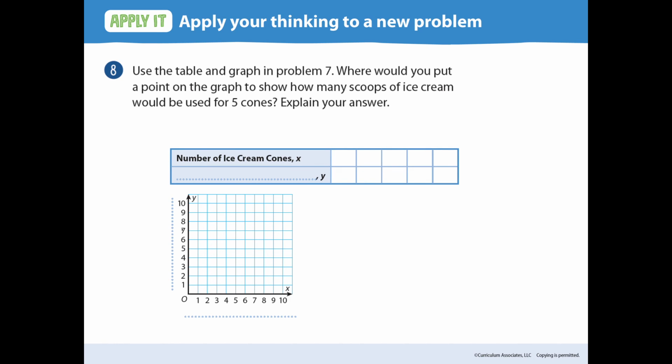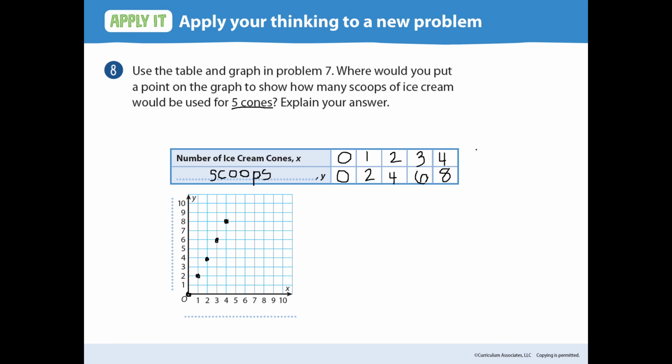Number 8. Use the table and graph in problem 7. Where would you put a point on the graph to show how many scoops of ice cream would be used for 5 cones? Explain your answer. So I'm going to fill in real quick what we had on this graph on the previous slide. So the problem is asking how many scoops of ice cream would be used for 5 cones.